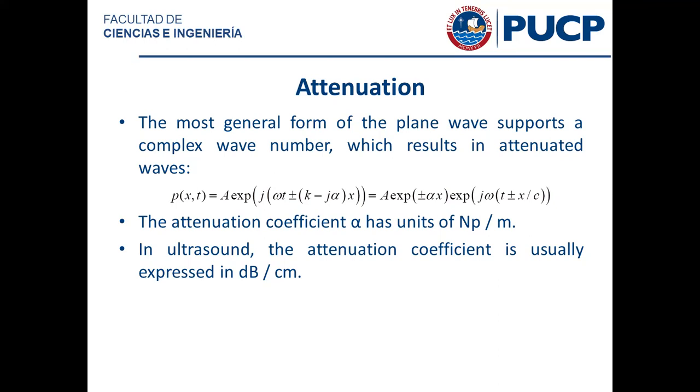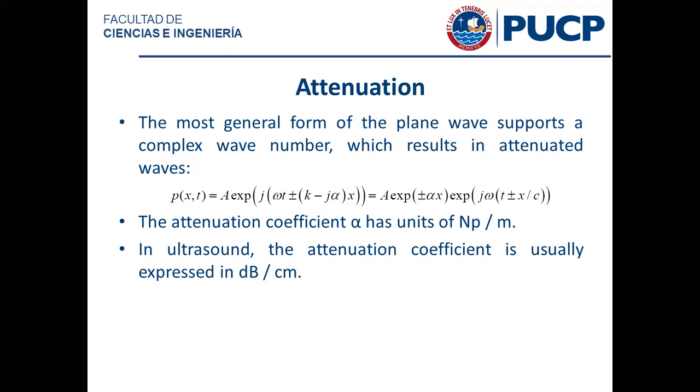So the deeper you propagate into the medium, the higher the loss of energy is, and that loss of energy follows an exponential law. That attenuation coefficient alpha has units of Nepers per meter. Nepers is adimensional. It's like saying radians. So Nepers per meter is like saying meters to the -1.